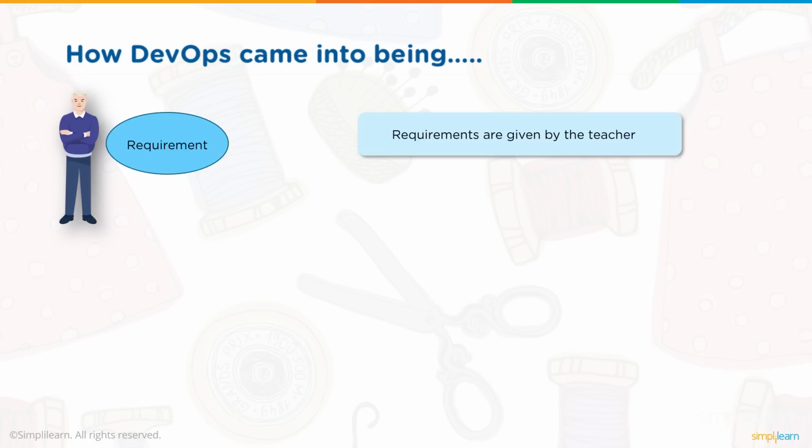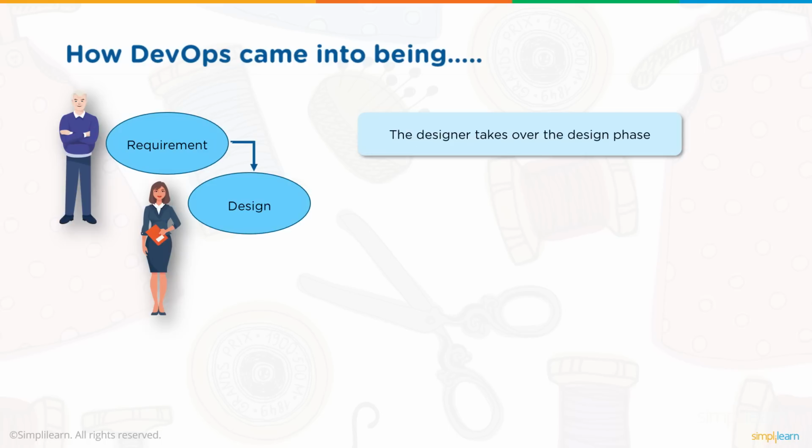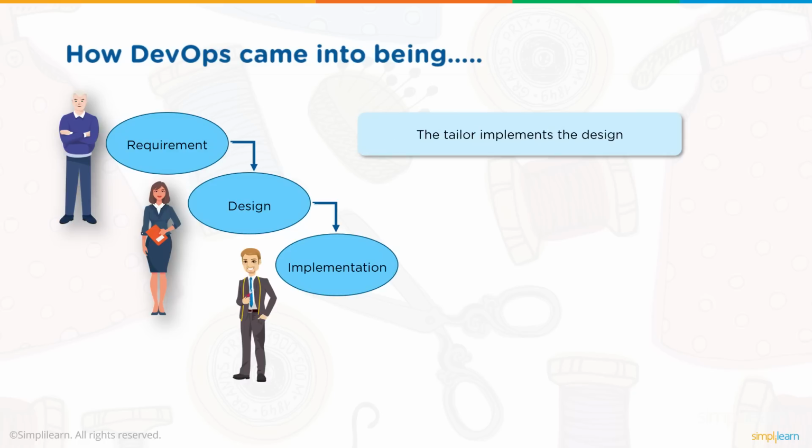So let's look at some of these elements. How waterfall came into being is that we have key elements such as requirements that are given by a group, in this case the teacher, but it could be a business team that you're working with. We have the designer, who could be the developers and the engineers creating work. And then we have people who are scaling the work that we're doing at high levels.